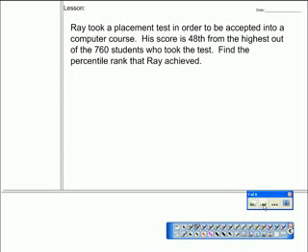Ray took a placement test in order to be accepted into a computer course. His score is 48th from the highest out of 760 students who took the test. Find the percentile rank that Ray achieved.